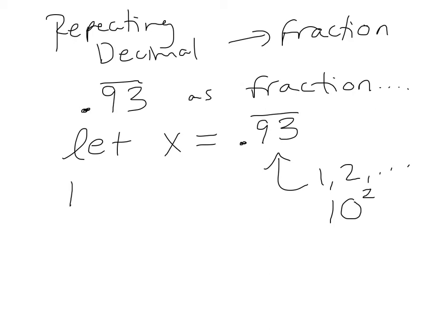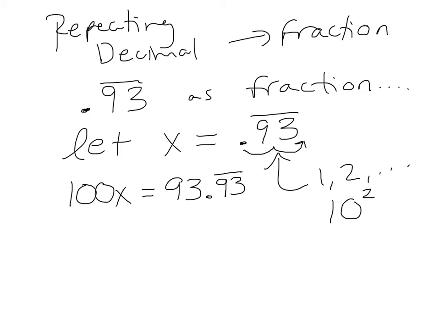When we do that, we find that 100x is equal to 93.93 repeating. If you multiply a number by 100, it moves the decimal over twice to the right. So here we have 93.93.